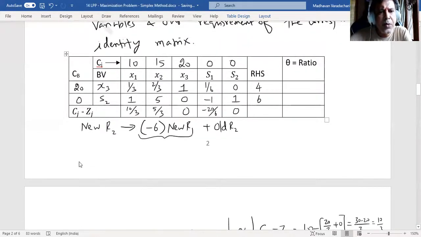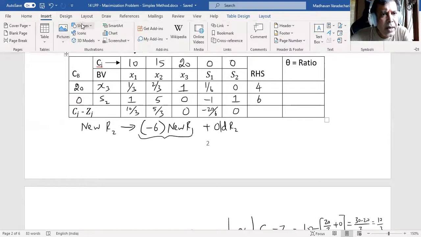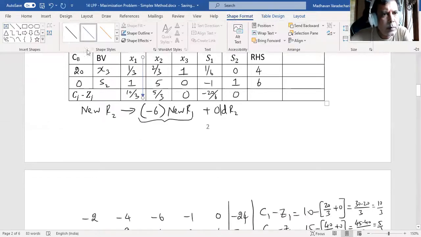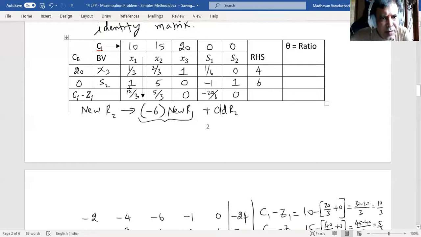So we calculated all the Cj minus Zj values. Again, we are supposed to identify the most positive Cj minus Zj. Positive means I need to check only these two, 10 by 3 and 5 by 3. Most positive is of course 10 by 3. So I can put an inward arrow like this. So your pivotal column is the first column. Now I can calculate the theta.